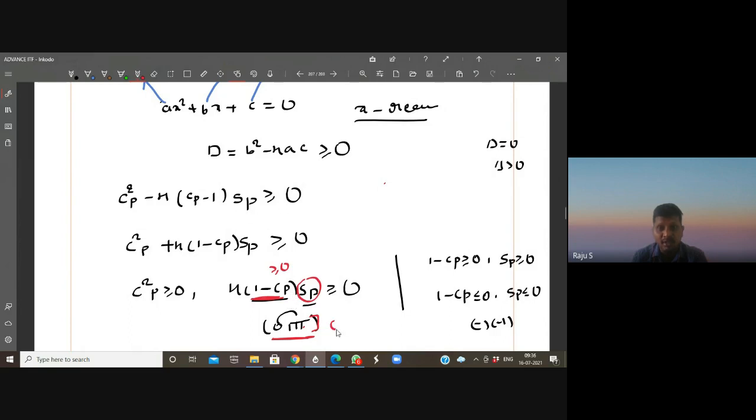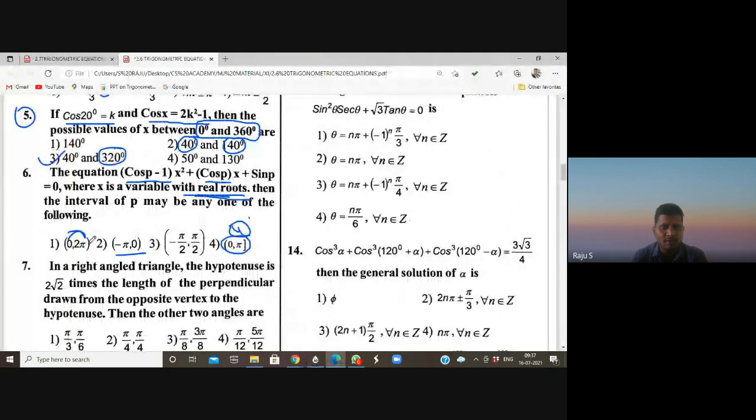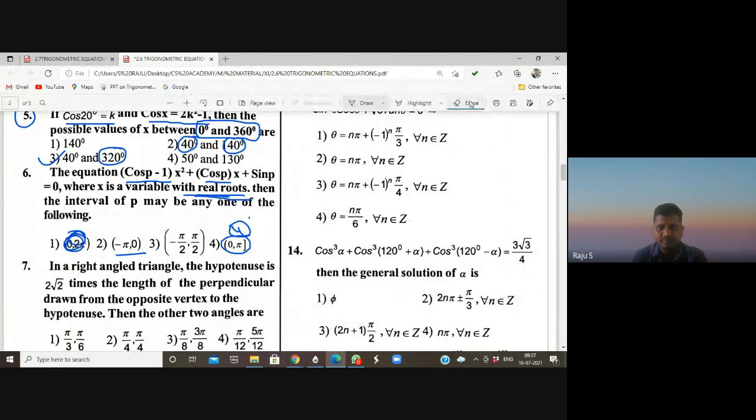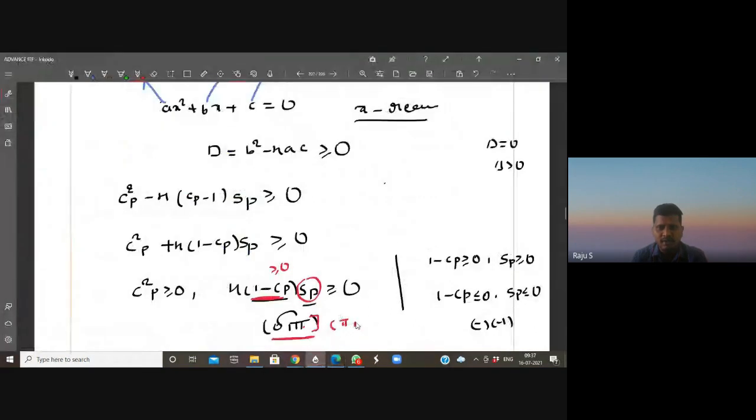But when you take the third quadrant, what will happen? Here you may get doubts why the first option, 0 to pi, is wrong. It is absolutely wrong because if you take the third quadrant, overall we should not get positive. Third quadrant, pi to 270. What about sin?